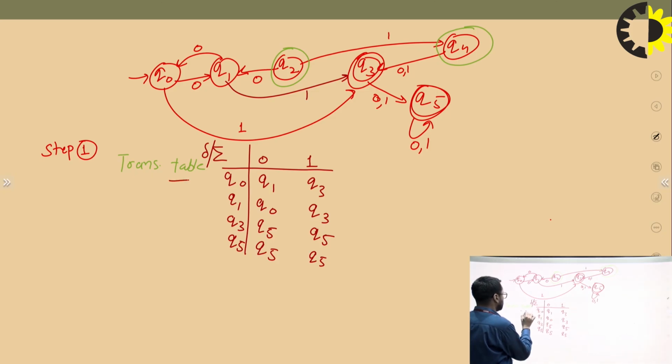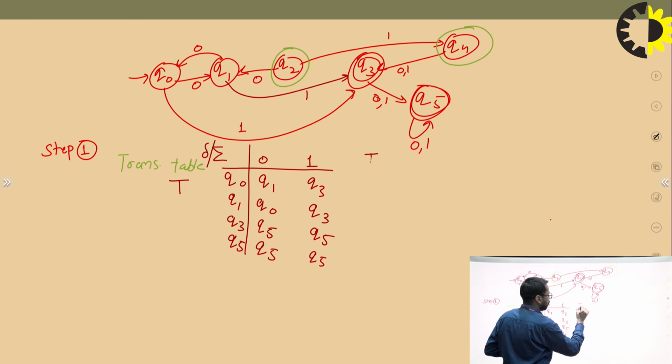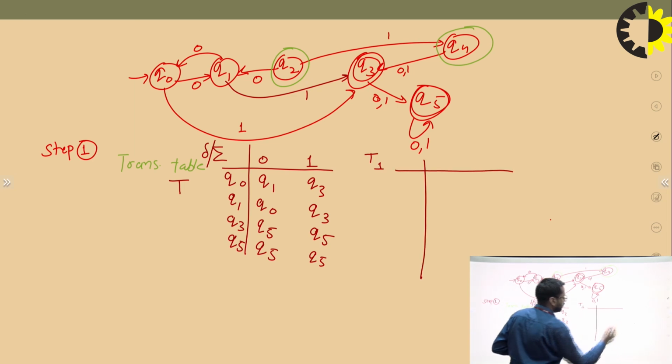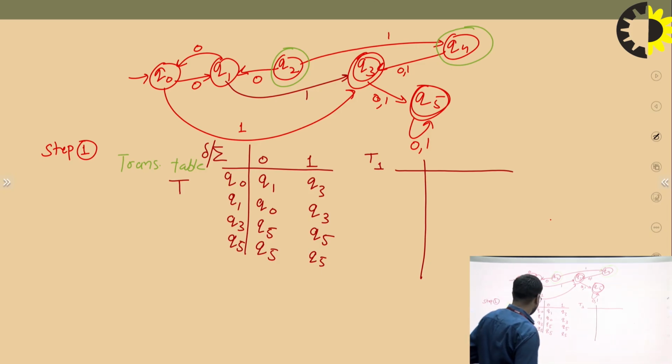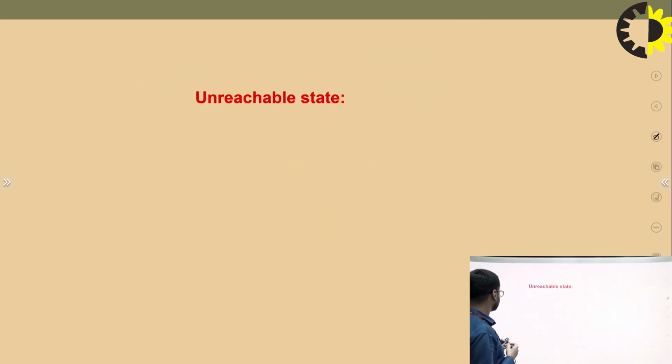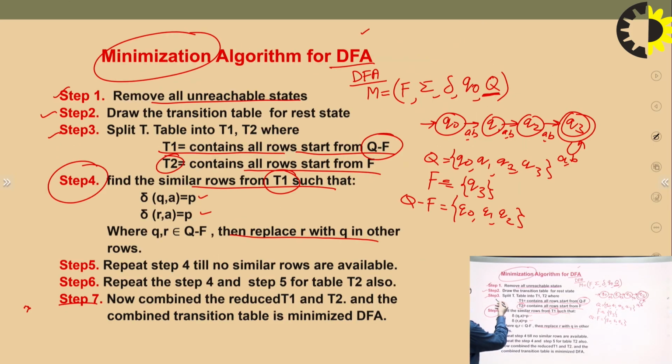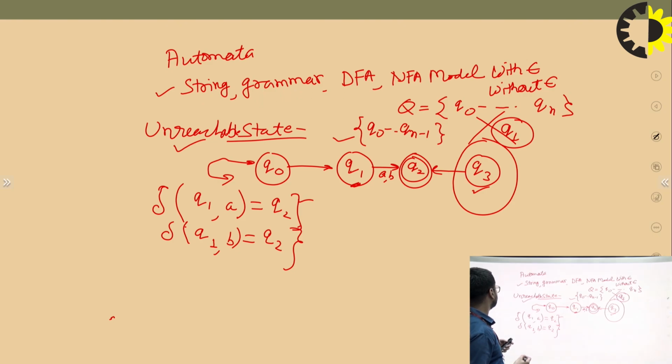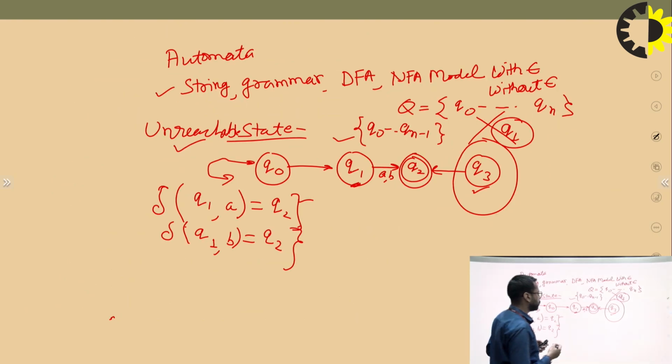Here it is the transition table T. We will split this into T1 and T2 as per the rules. That is step number 3. We split it into T1 and T2.